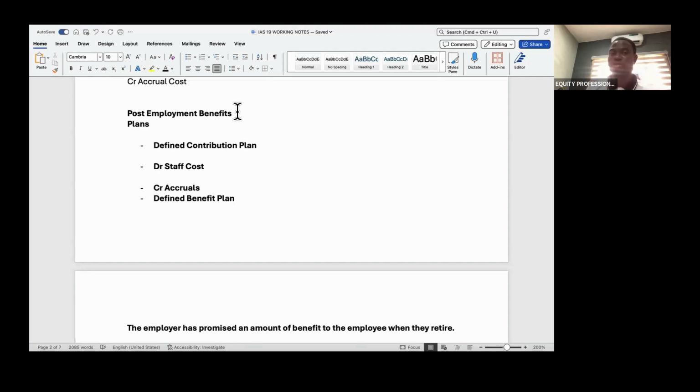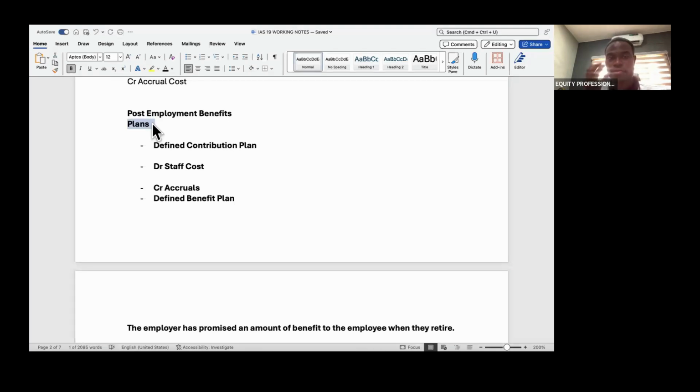It might not be everything, a portion of it periodically like that. So what employers usually do is that they know that retirement benefit is always huge, so they usually have plans.